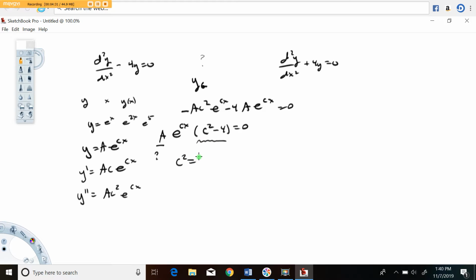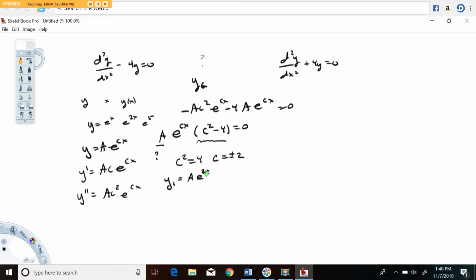Now, if we solve this, we get c squared equals 4, and c could be plus or minus 2. So we found two different values for c that will solve this. So one possible solution, and I'm going to call that y1, is y equals a, which is just some constant, e to the 2x.